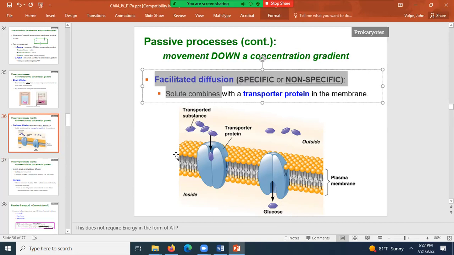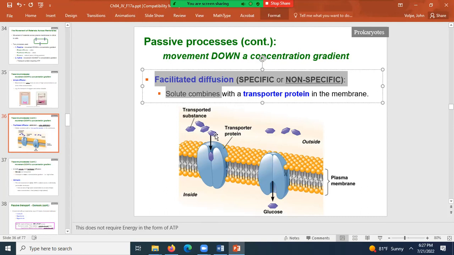You ate a high fruit diet, you have lots of fructose in your gut. The fructose moves into the cell by facilitated diffusion using a transporter protein, which is the same as a transport protein, but it's a facilitated diffusion protein.